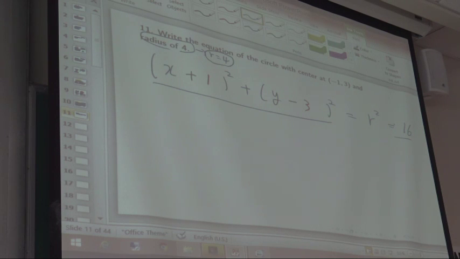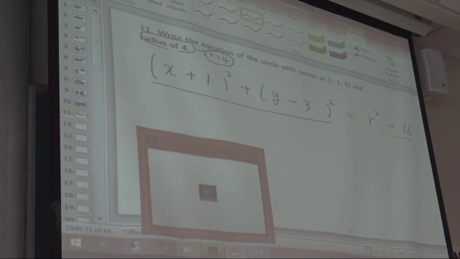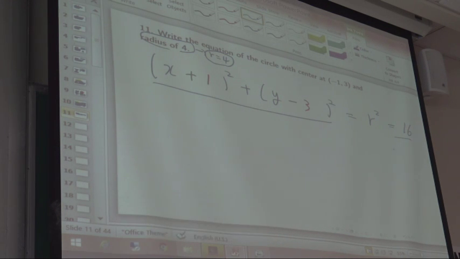Normally we don't say that. And you won't give us something that can't be squared, right? You're not going to give us something like the square root of 23 as the radius. If I say the radius is the square root of 23, you have to put the r squared, which is 23 here, not the r.